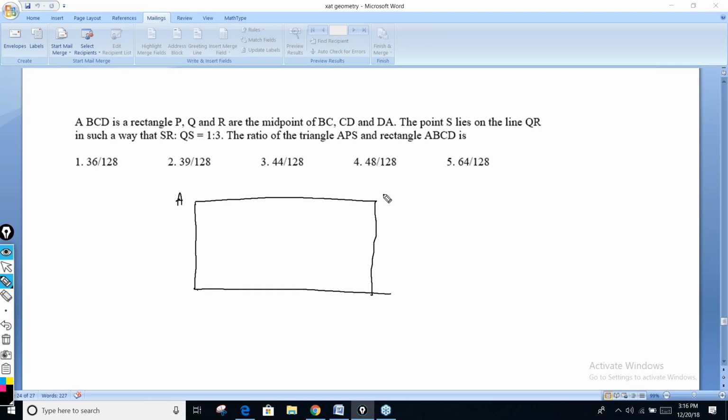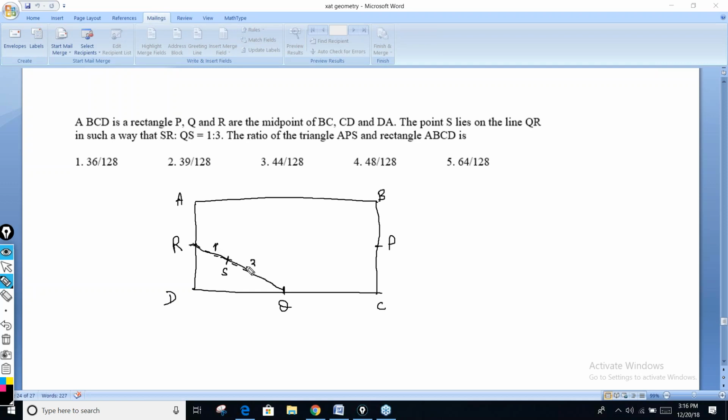P and Q are the midpoints of BC, CD and AD. The point S lies on the QR. There is a line QR, S lies here, so that SR is to QS is 1 is to 3.